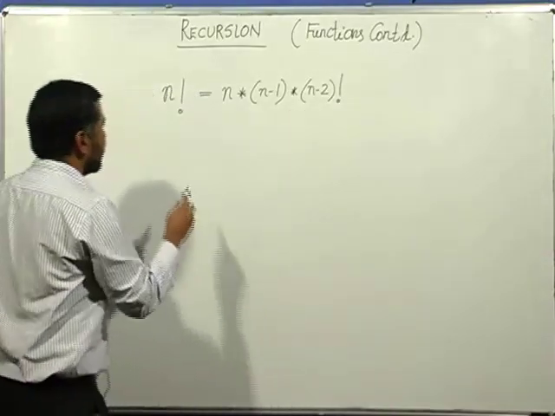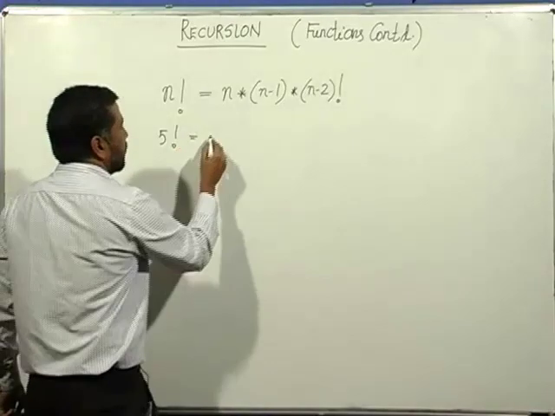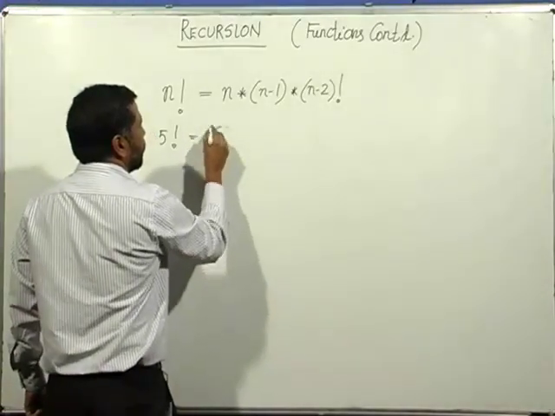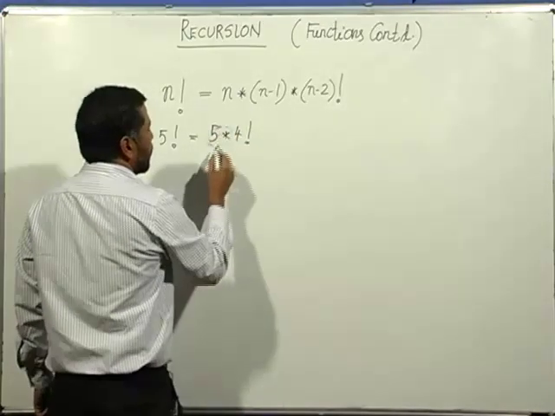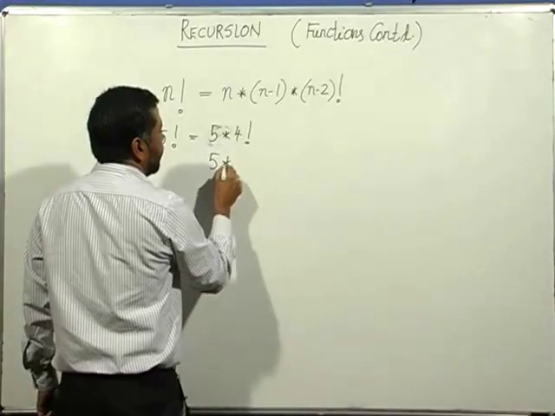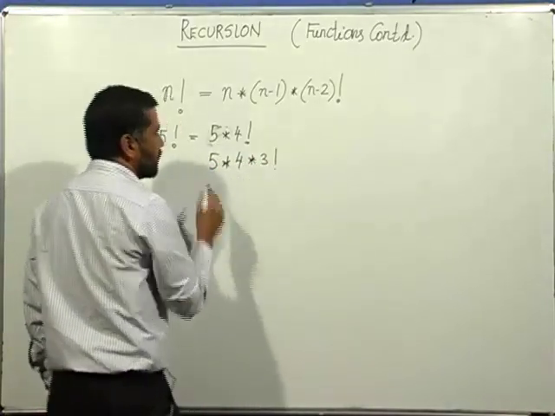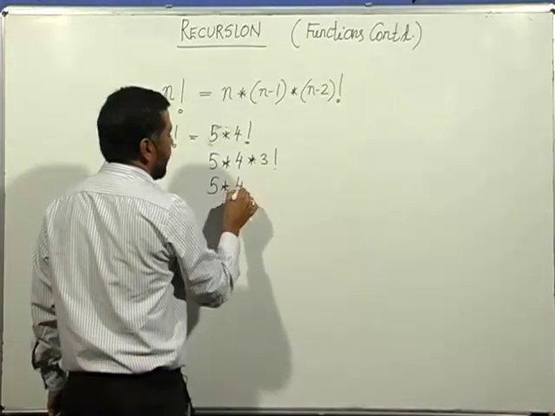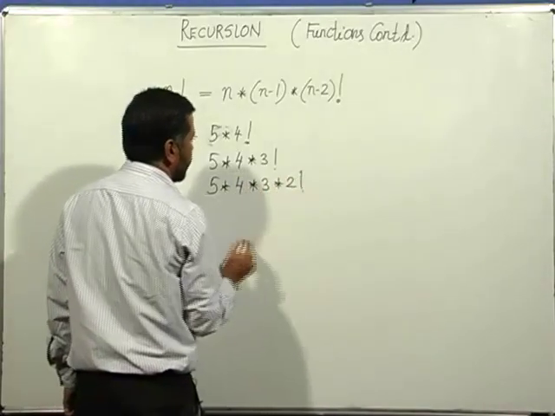For example, if you take 5 factorial, it can be thought of as 5 into 4 factorial. This thing can be again written as 5 times 4 into 3 factorial. Still we can't calculate this value. So it will be calculated as 2 factorial.